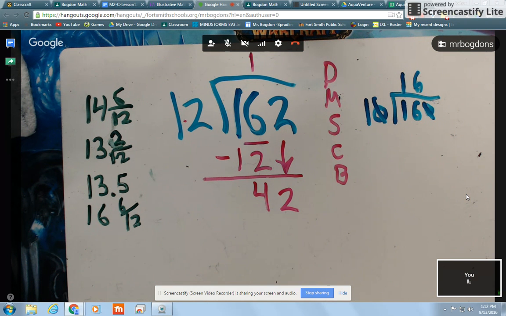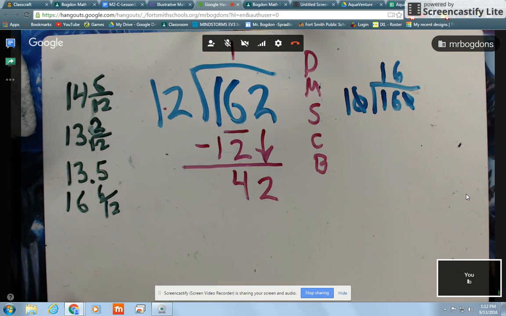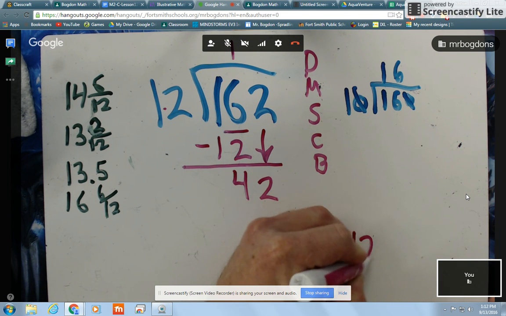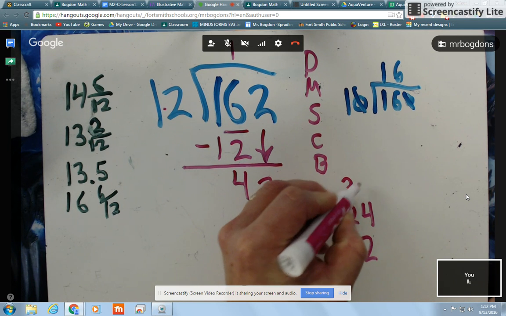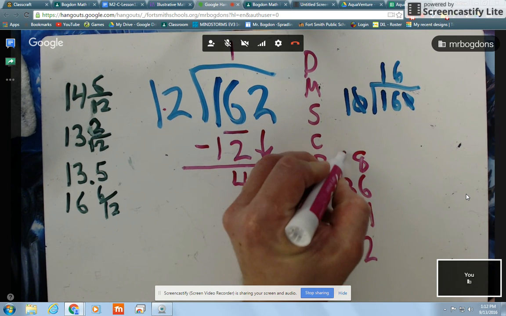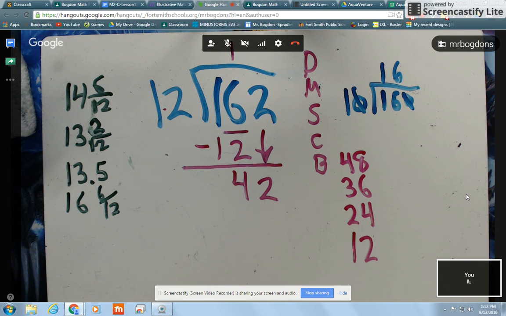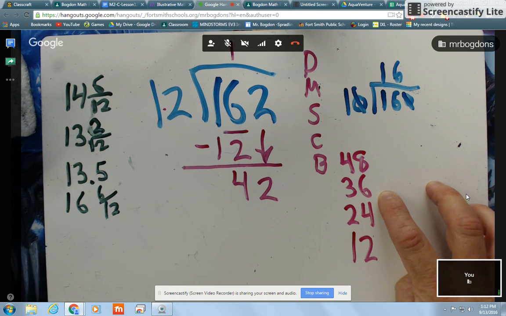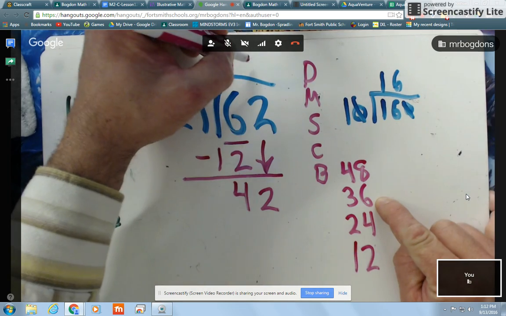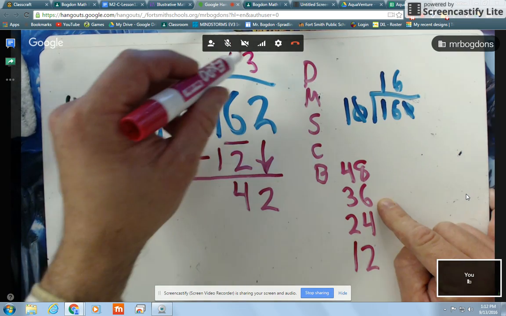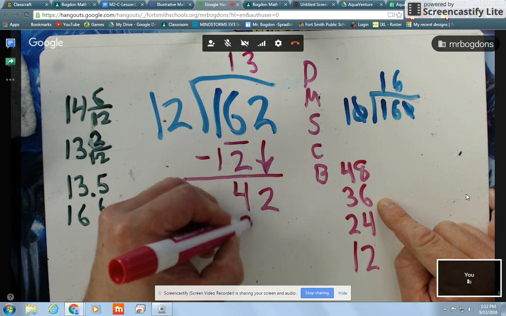Okay. Well, how many times does 12 go into 42? If we don't know our multiples of 12, which we all should, that's part of our multiplication table, I can write 12, 24, 36. All right, so as a lot of you are saying, I need to multiply by 1, 2, 3 times. So now 12 times 3 is 36.